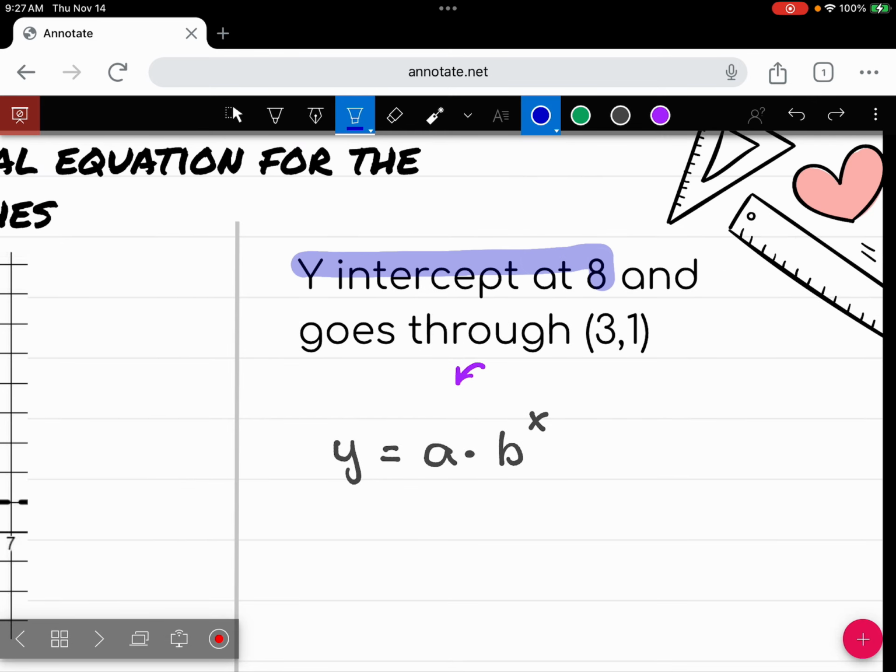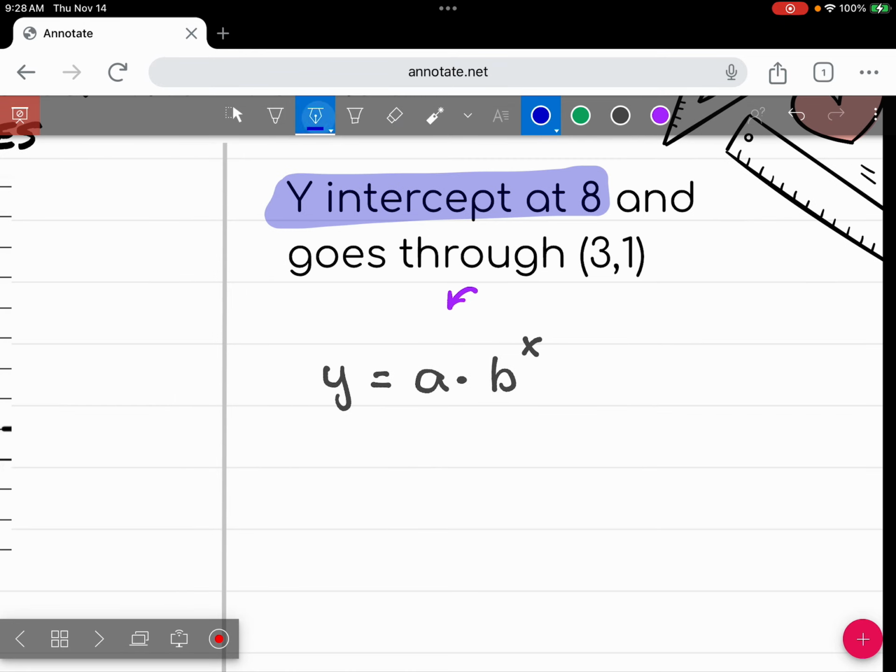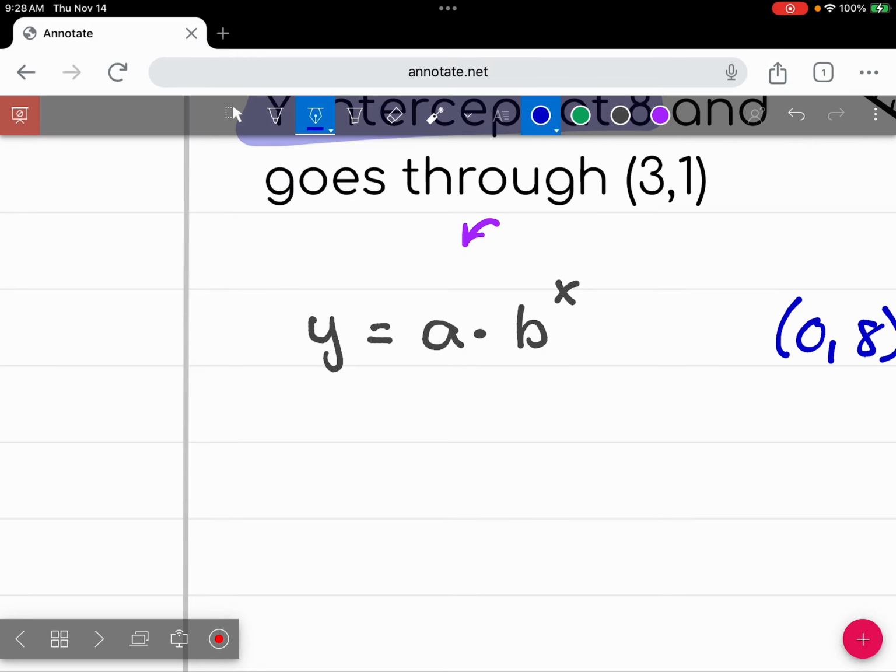So when I have a y-intercept at 8, that means I know for sure my x is 0. It goes through the point (0, 8). So 8 equals a times whatever our base is to the 0. Anything raised to a 0 power? 1.